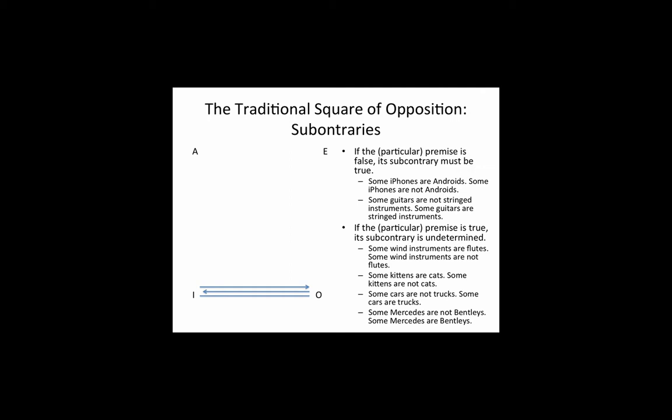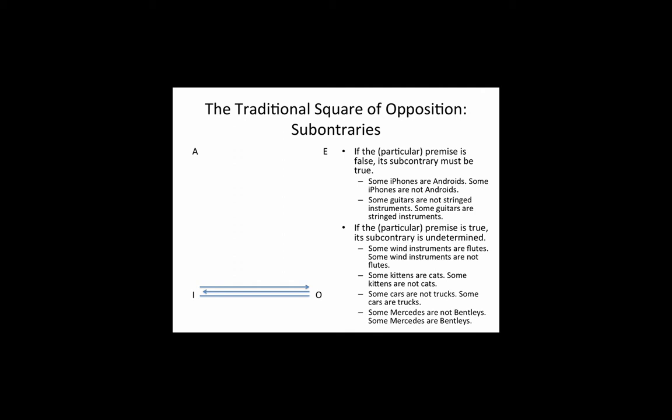And that tells you that I and O inferences, that is, subcontraries, do not bear a reciprocal relationship to each other, just as contraries don't bear a reciprocal relationship to each other. You have to know the truth value of the premise, and even then, knowing the truth value of the premise might not or will not always give you the immediate inference or a necessary immediate inference.